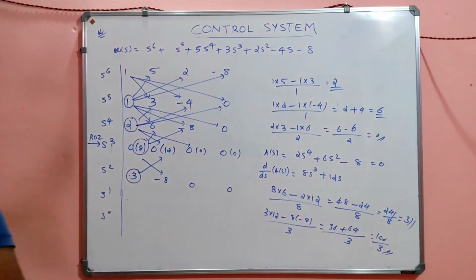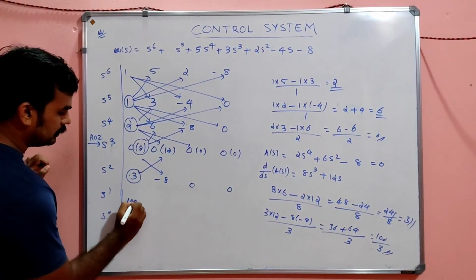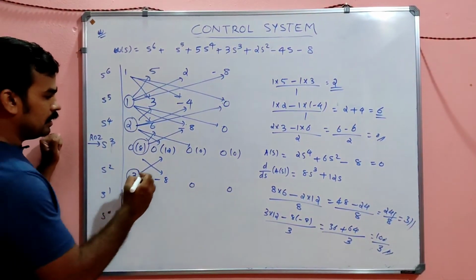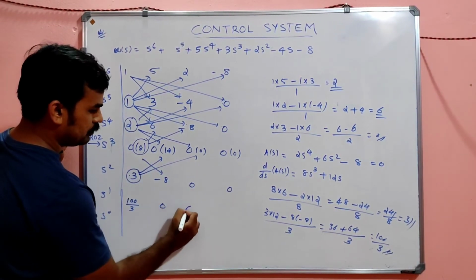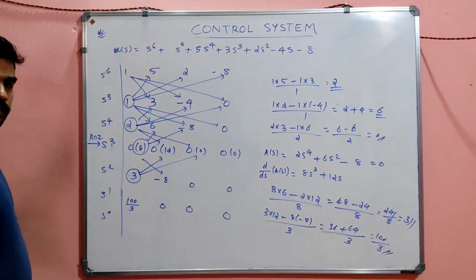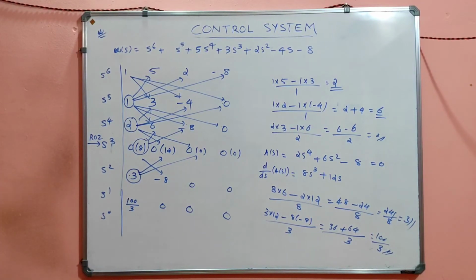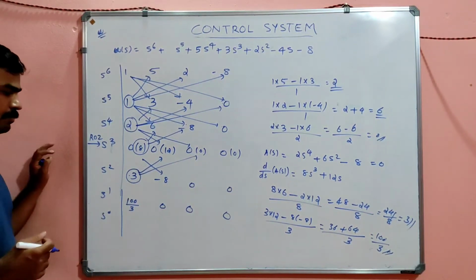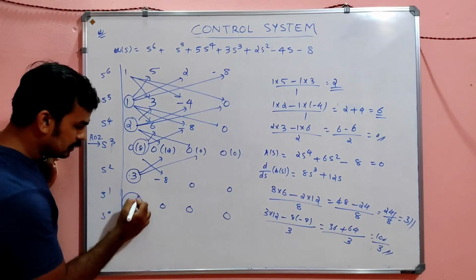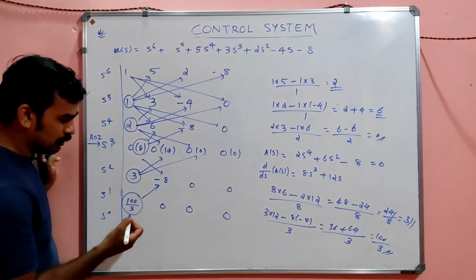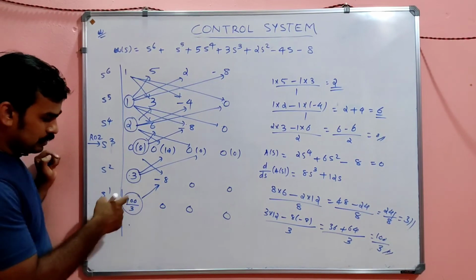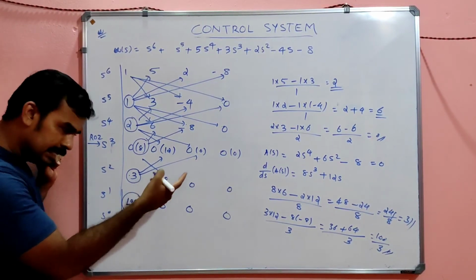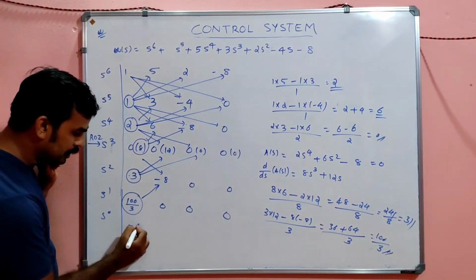So I can write here 100 by 3. Okay, and for the next element, this into this 0 and this into this 0, again 0, 0, 0. So 100 by 3, 0, 0, 0. Next, the last term, my dear. For this element, this into this minus this into 0, so simply this into this. So minus 800 by 3, into 3 by 100, will become simply minus 8.